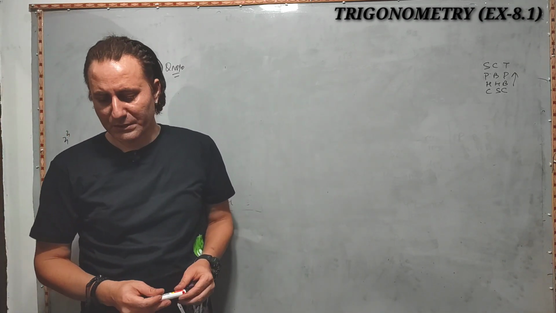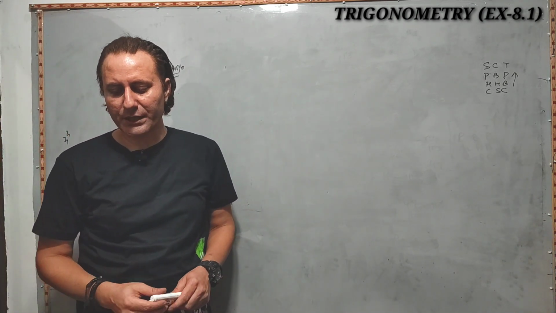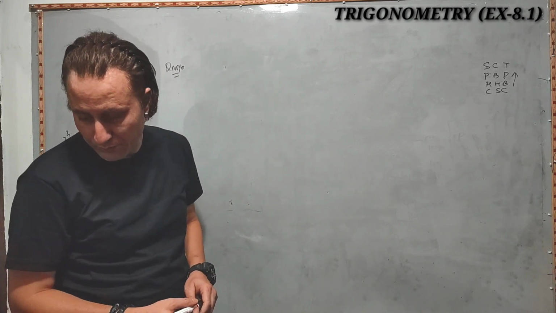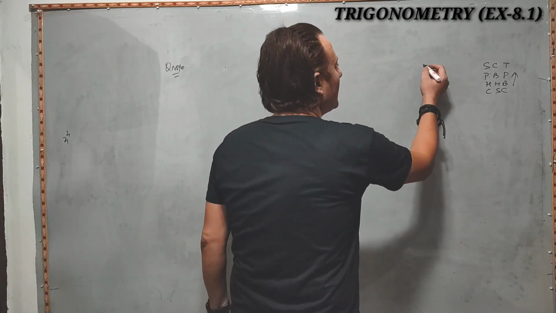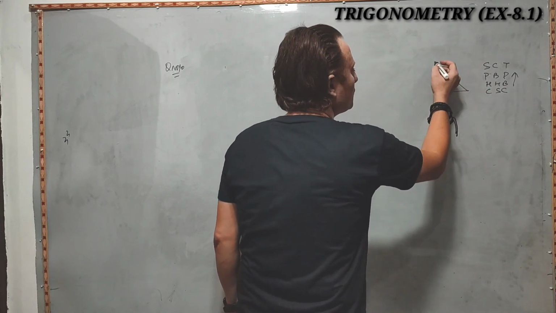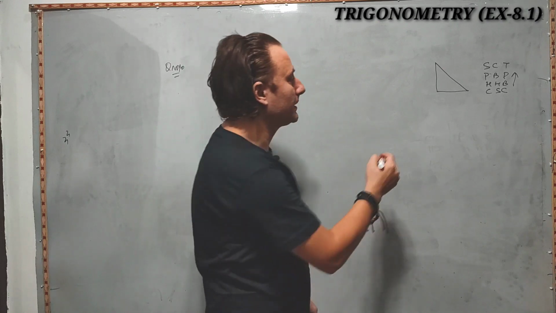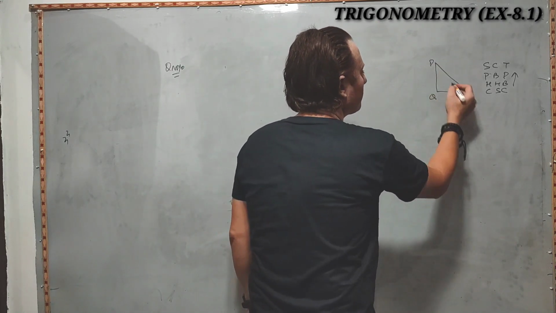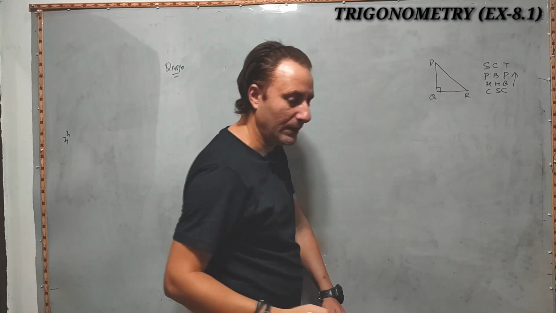All right, guys. So question number 10, it says in a triangle PQR, right angled at Q. So I have a triangle that is PQR and that is right angled at Q. Now what else it says?